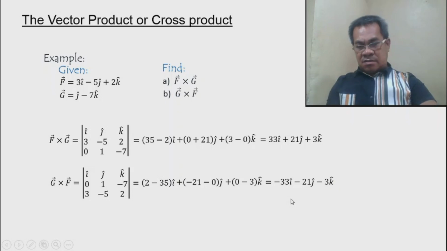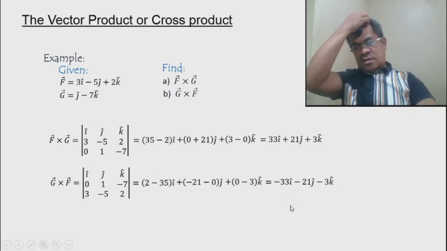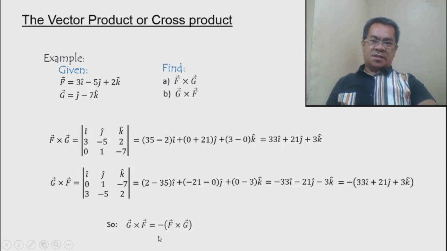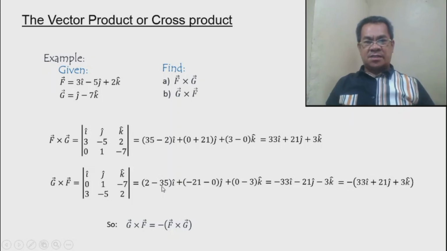So, we have negative 33 I hat plus 21 J hat. And this is exactly the value. So, therefore, we can say that G cross F is actually the negative of F cross G. Okay? This is consistent with our property previously discussed.